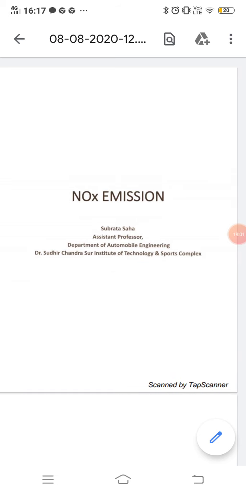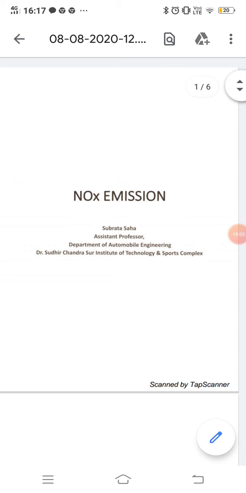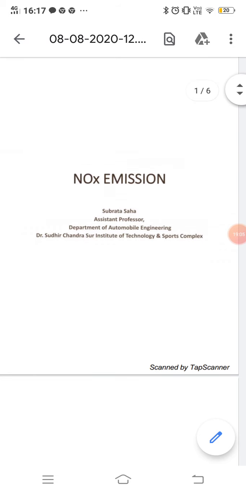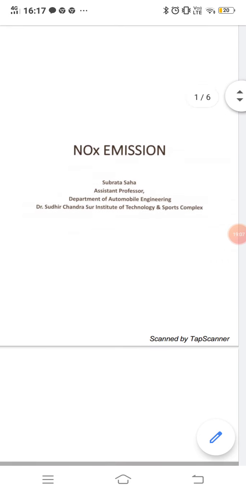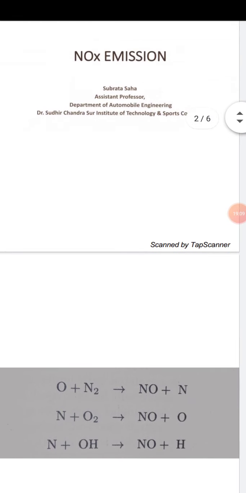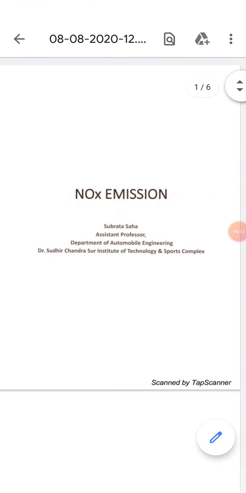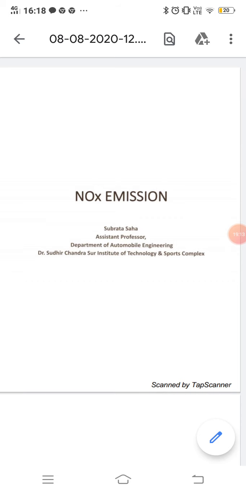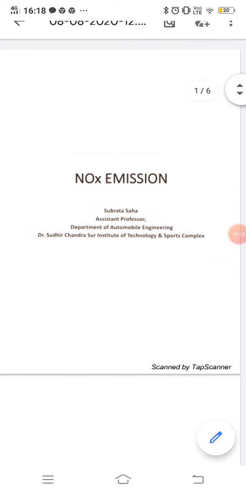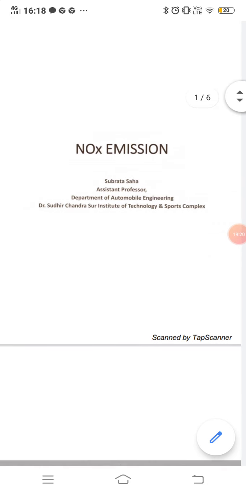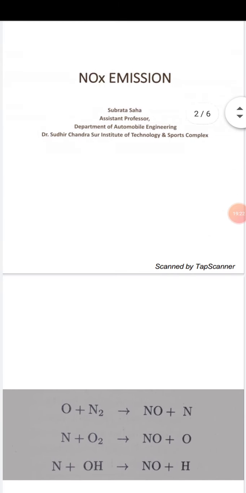That amount of exhaust gas is introduced with the fresh air fuel mixture, and the amount of exhaust gas introduced is at most 15 to 20% with the fresh air fuel mixture. So what is the advantage?